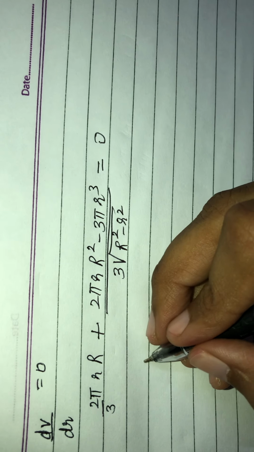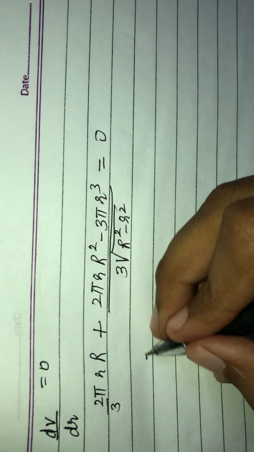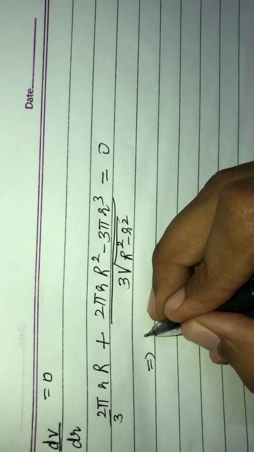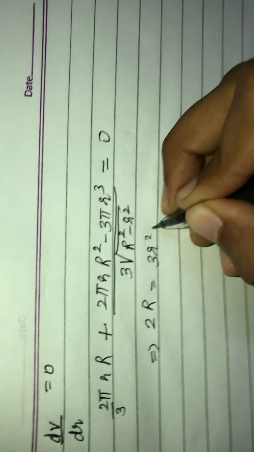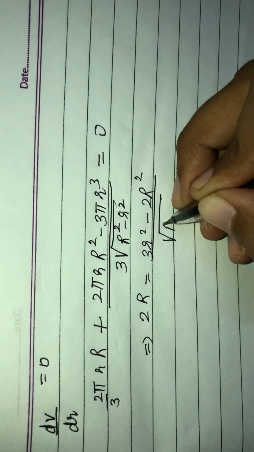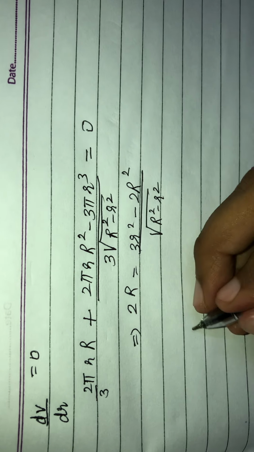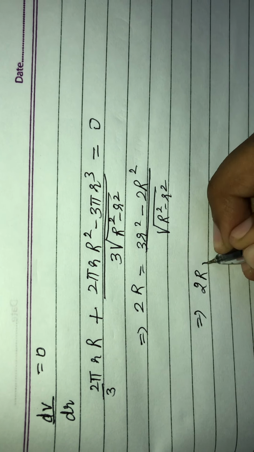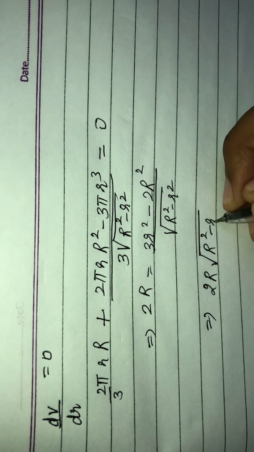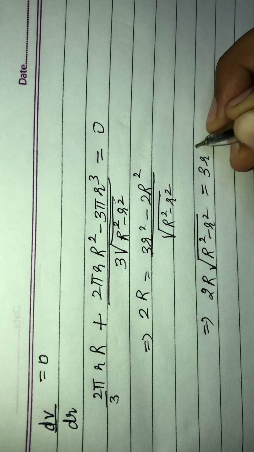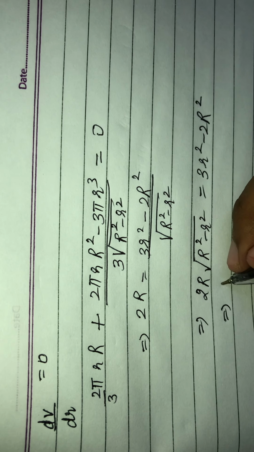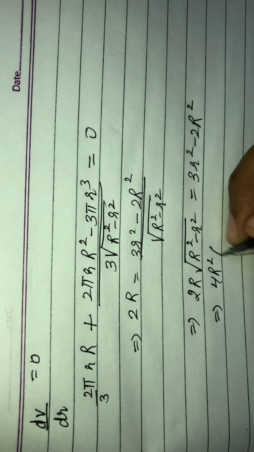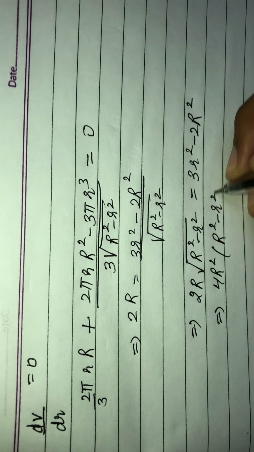So basically after solving I will be getting 2R under root R square minus r square equals r times 3R square minus 2r square. So on squaring both sides I am getting 4R square into R square minus r square.